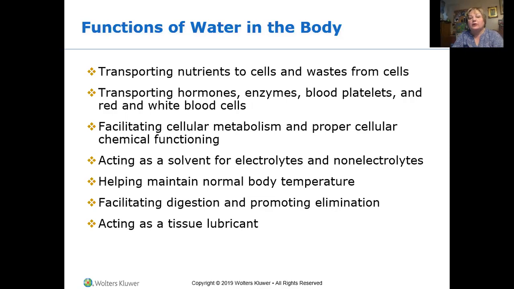So we're going to talk briefly about the functions of water in the body. It's very, very important for us to have water. You know that we're supposed to be drinking good amounts of water every day. I can't remember exactly the total, but like 8 to 10 bottles of water, which probably would be at least the 10 to 12 ounce size bottles, and at least probably 10 of those per day in order to be really nice and healthy.